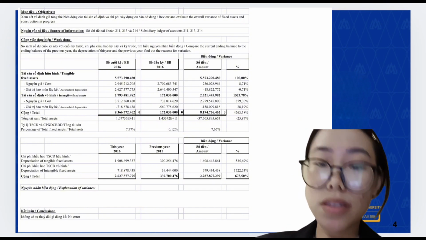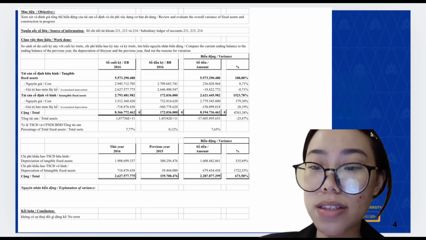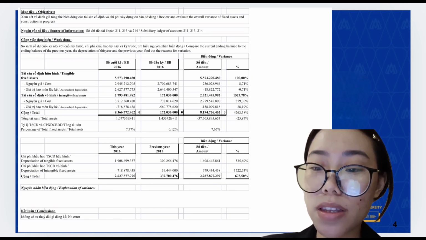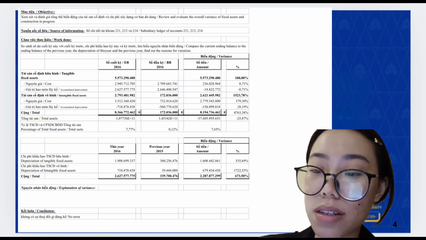Supporting documents: purchase invoice, liquidation report, comparison between client and auditor cost record.